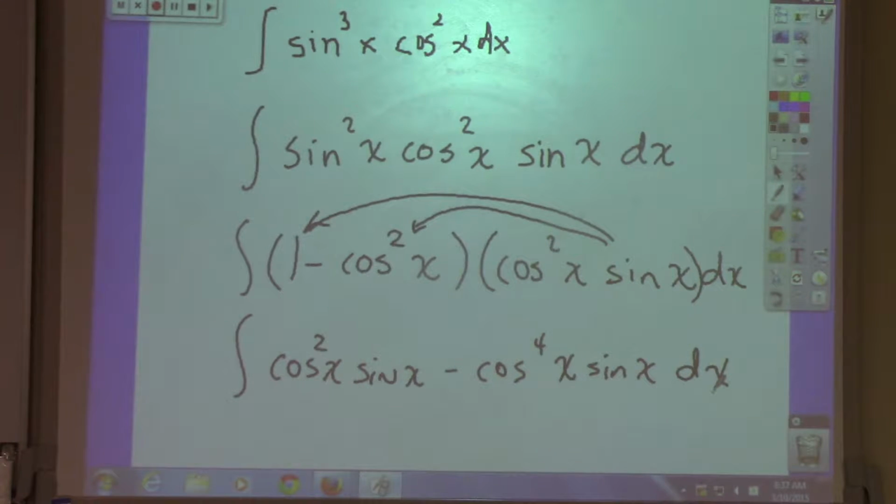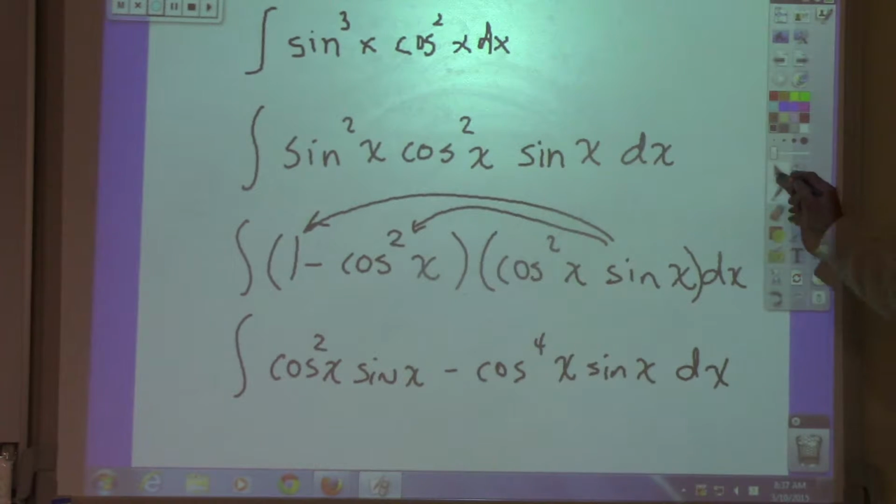Now, if u is equal to the cosine, du is equal to the what? Negative sine. We don't have a negative sine, so that means you've got to what? Multiply by negative. Put a negative out front. So don't forget to do that. So break it up.